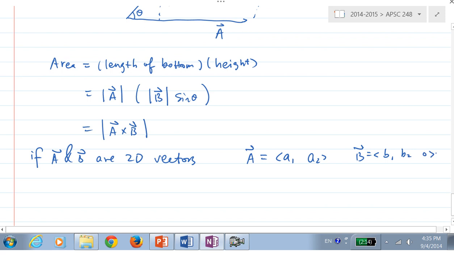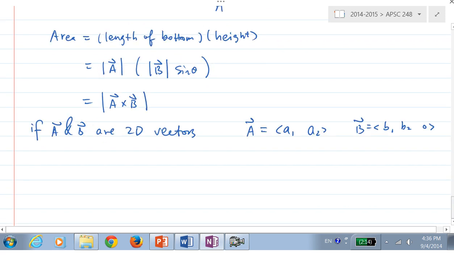So for this particular case, if we want to find the area of the parallelogram formed by A and B, I'm going to plug it into this formula that we just found, right? So the area is equal to the absolute value of A cross B, because area is a positive value.